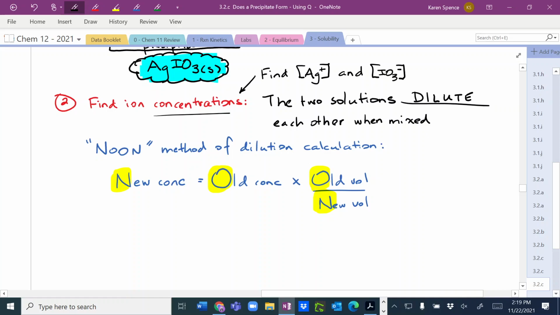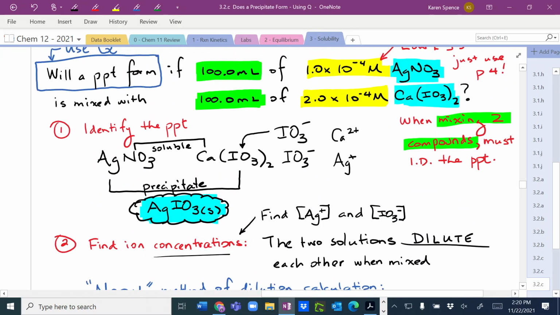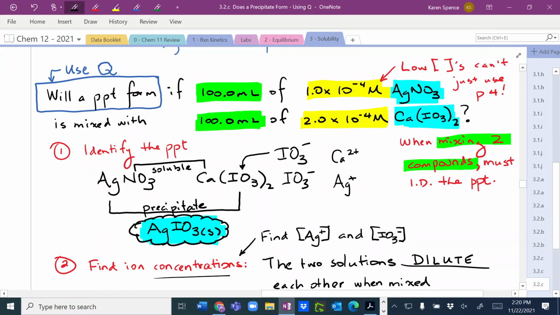Okay, so let's start by finding our concentration of silver. Where does our silver come from? If we go back up here, we can see that silver comes from silver nitrate.